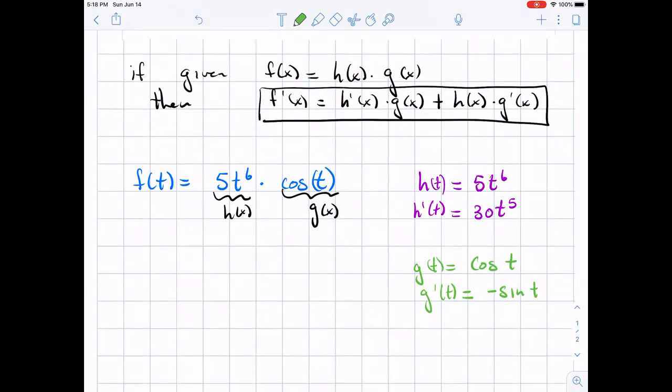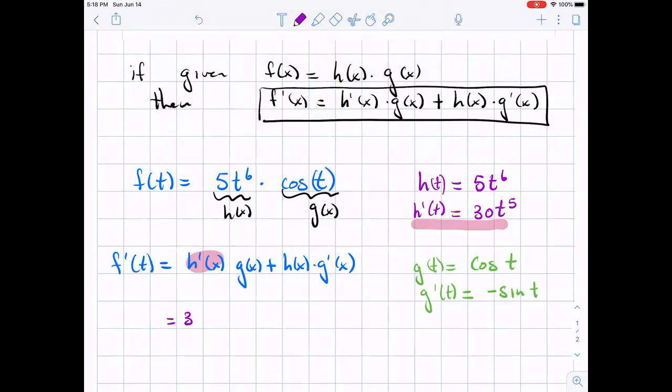So back to this now, we know that f prime of t would be equal to h prime of x times g of x plus h of x times g prime of x. So let's just plug in. Instead of h prime, I'm going to write this here. So that becomes 30t to the 5th.